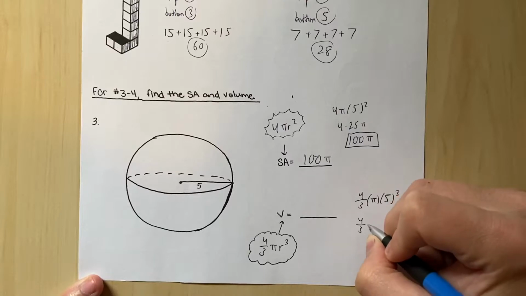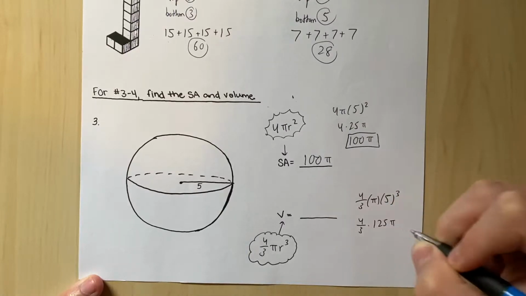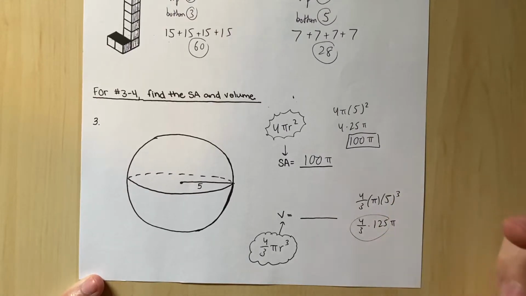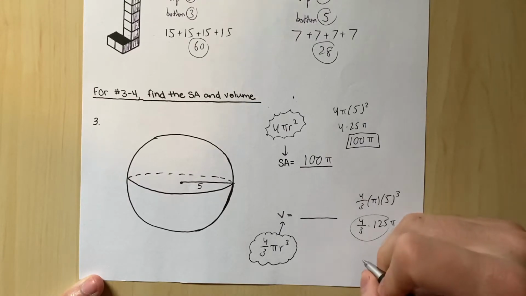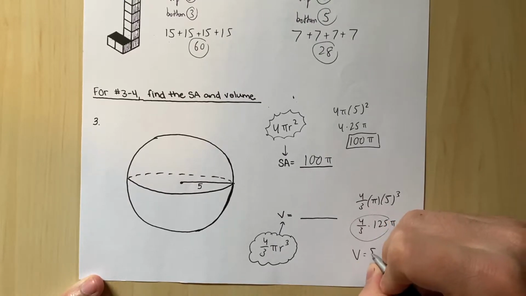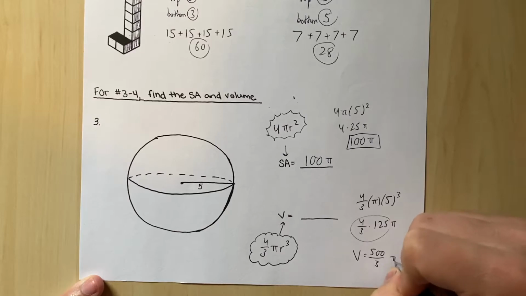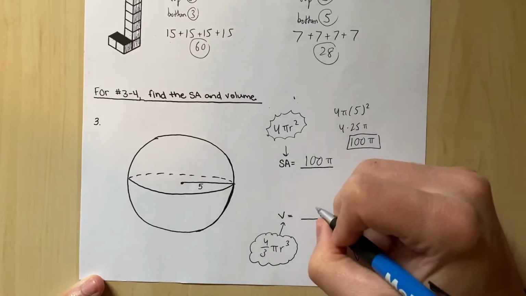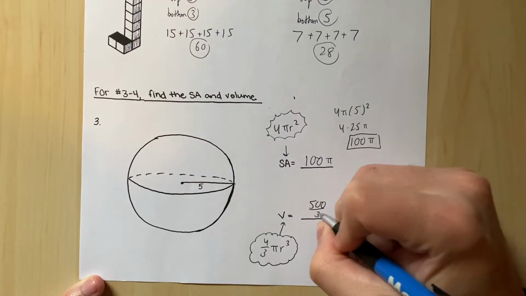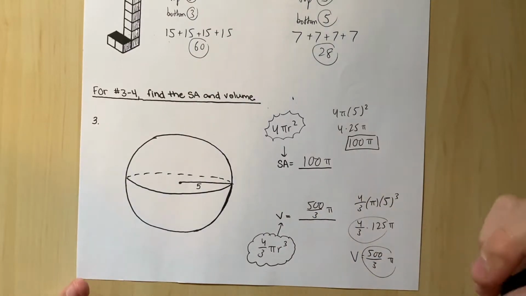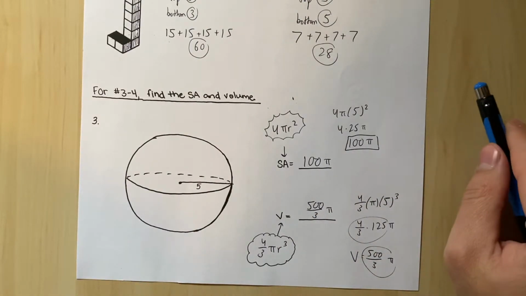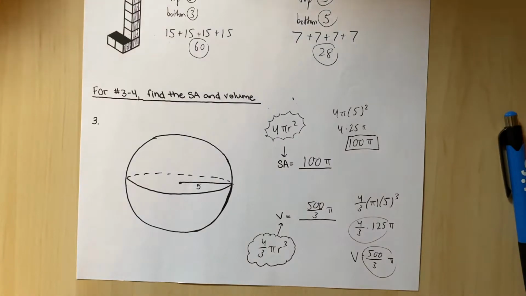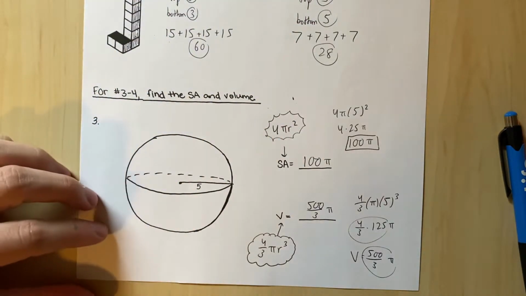That's 4/3 times 125 pi. And again, if you multiply this in the calculator, you can use MathFrac. The volume is 500 over 3 pi. Keep it exact. All right, and the calculator could help you out there. Beautiful. So volume of a sphere is nice and chill and beautiful, like me.